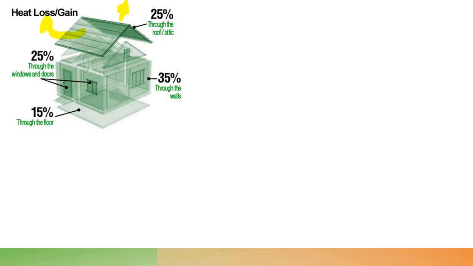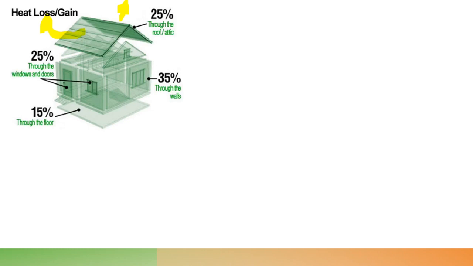There's lots of schemes where you can get free insulation for people with certain economic problems, or they don't have access to the kind of money that would insulate a roof.